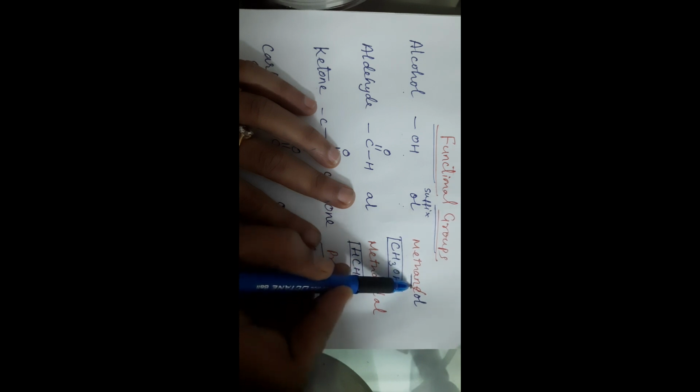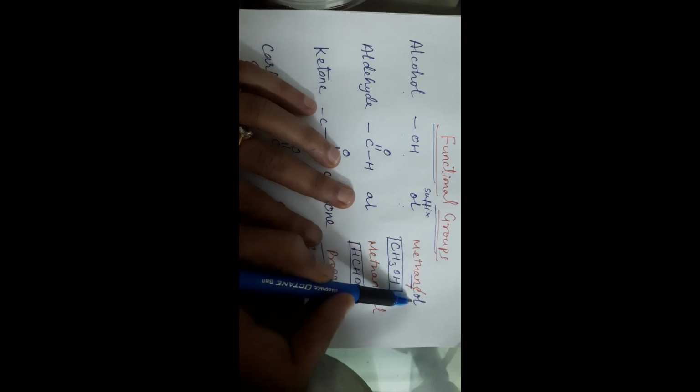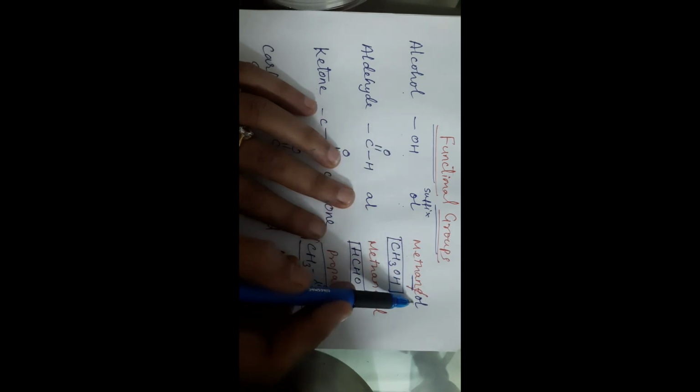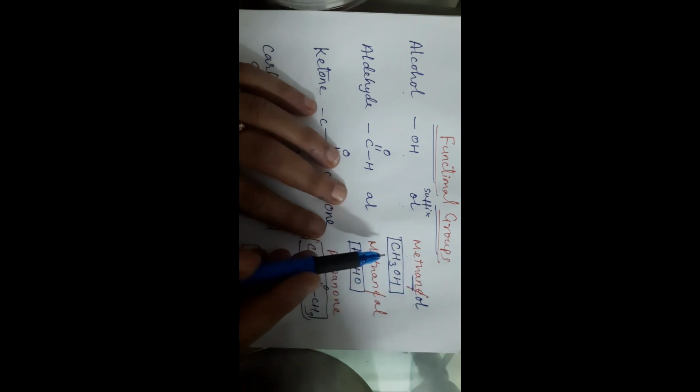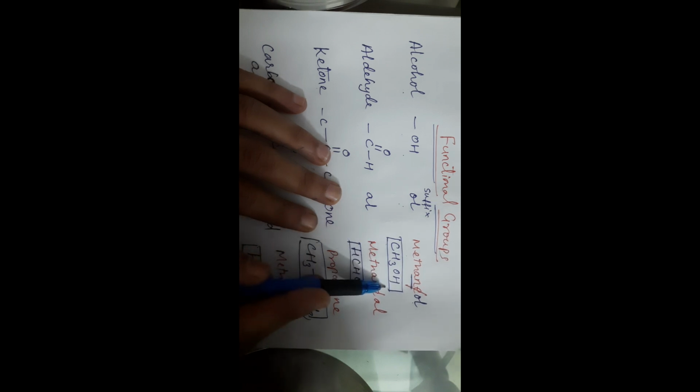So for alcohol, we remove this E and we add ol. Whenever alcohol is added, we add the suffix ol by replacing E from the name. As I told, it is a single carbon compound, so here CH3OH is attached.